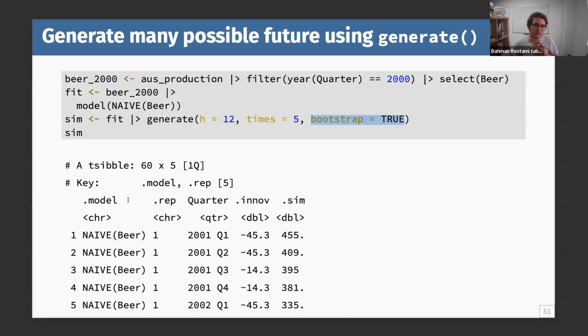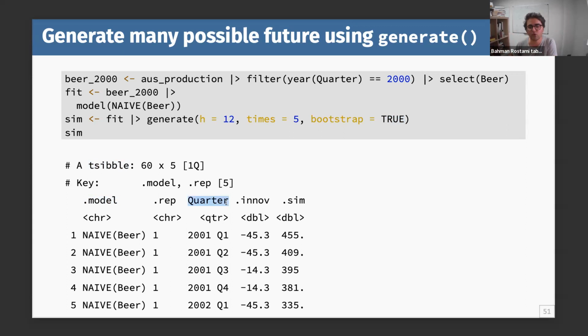If you do that, here we get something similar to what we had before in the fable, which is actually in the tsibble structure here. So we get dot model, which is a list of our models. Here you have a new column called dot rep, which tells you the replications: 1, 2, 3, 4, 5, up to any number of times you produce.